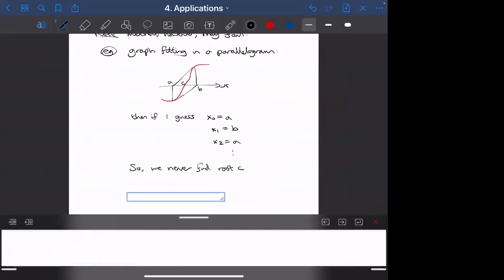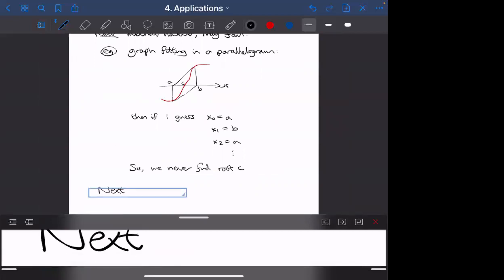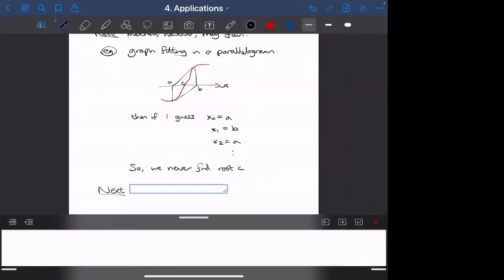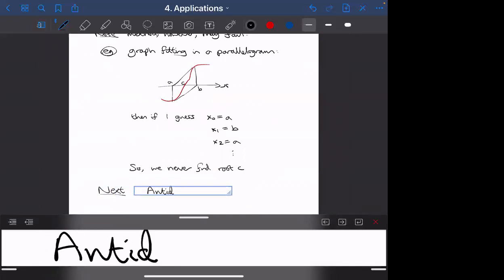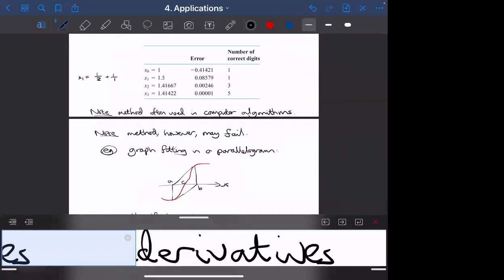Okay, so there's only a few minutes left, so I don't want to start a new topic, but let me say next time we'll talk about antiderivatives. Oh yeah, or I can go back and show part one of the procedure.